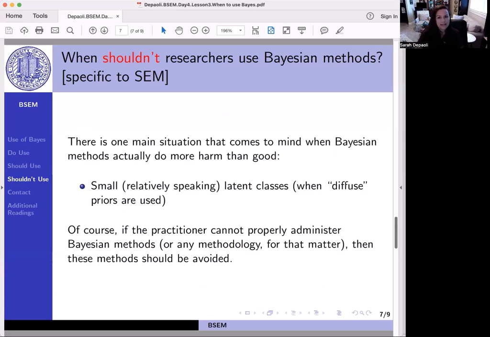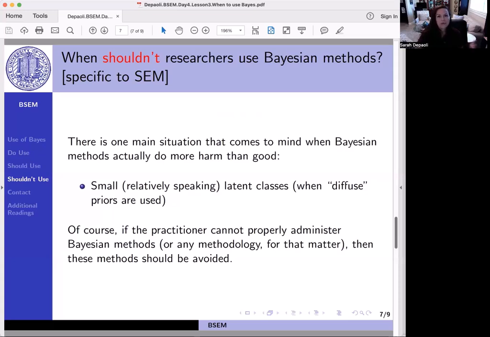This diffuse prior setting, which is very common and a default setting in Mplus, will actually act as a very informative prior on the class proportions. And what happens is it will force the class proportions to be close to equal in size. The prior works great if your classes are already comparable in size, but it is a highly diverging prior, or like a wrong prior, if you have a class that is smaller in size relative to the others.